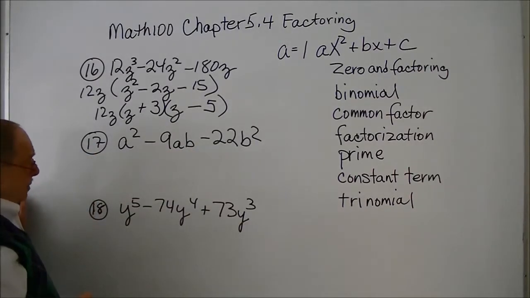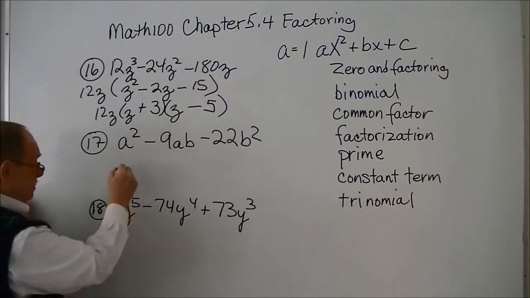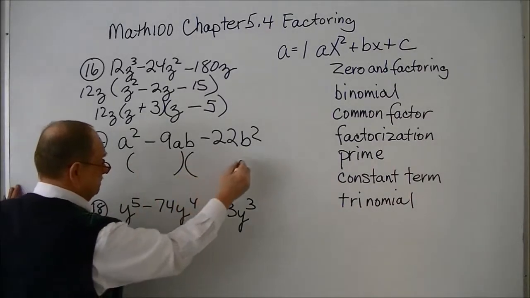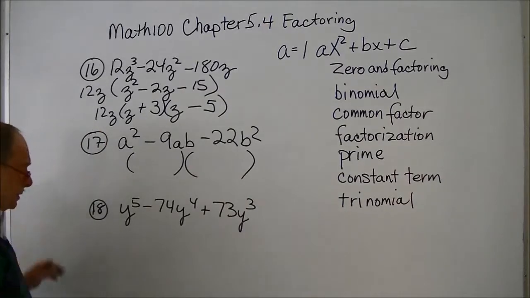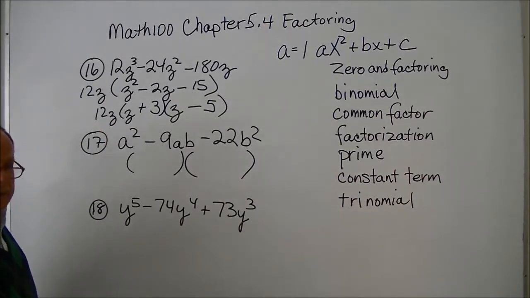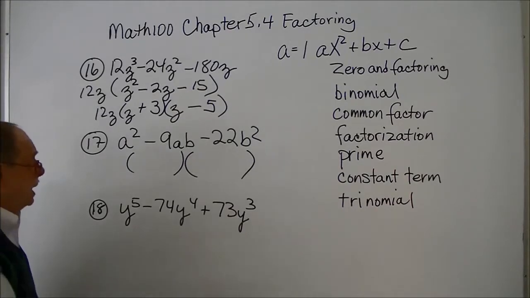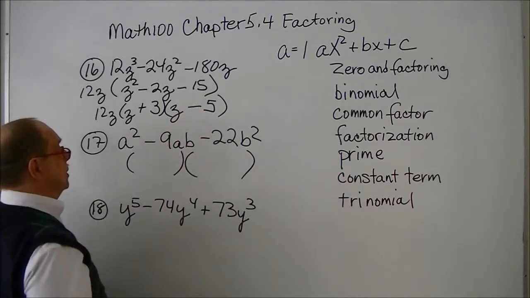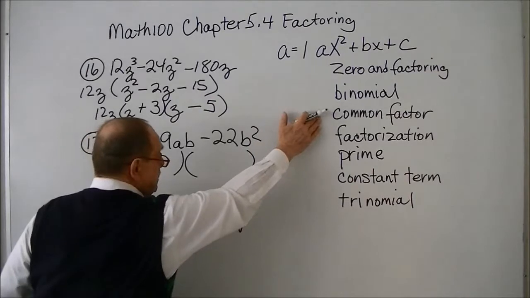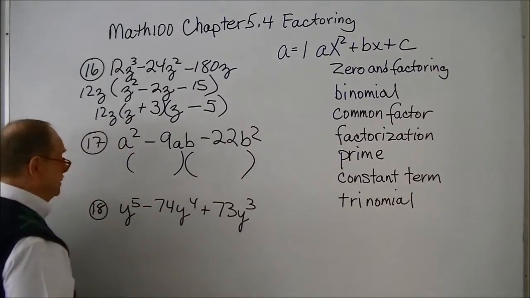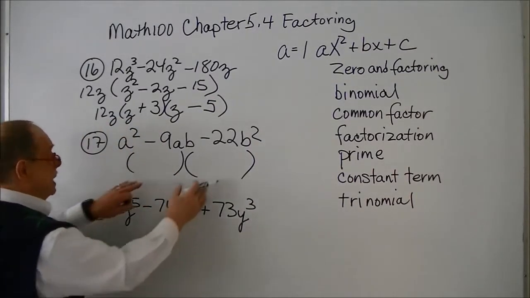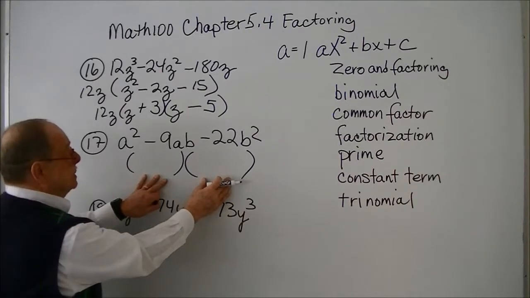And the answer is no. So next step, 2 sets of parentheses. Now, students are often at a loss in terms of strategy as to what to do. Again, put it in standard form. Take out any common factor, the greatest common factor. And then the next step is 2 sets of parentheses.